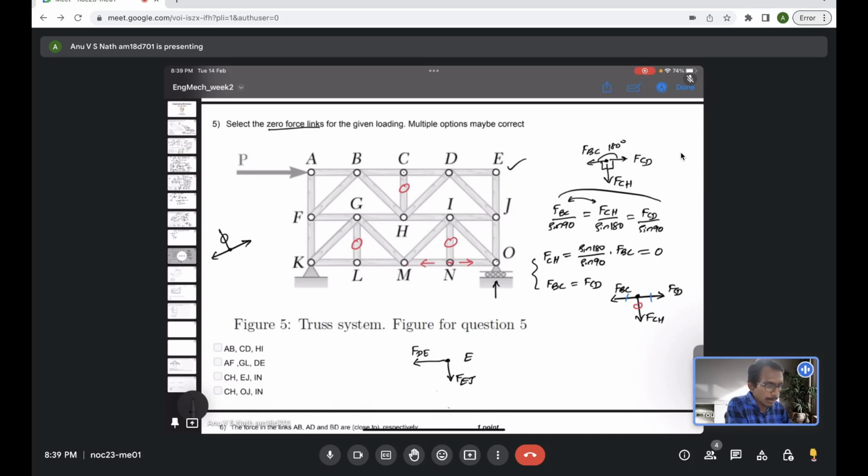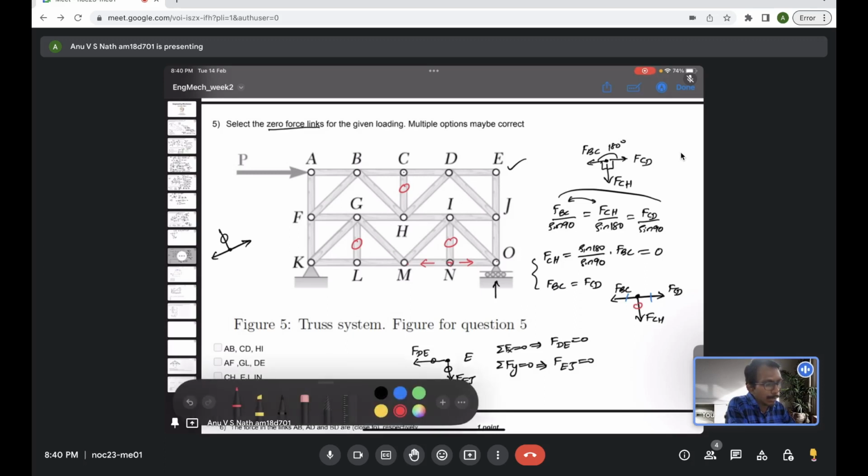Now if you see here, you can write the horizontal force balance equation, sigma Fx equal to 0. You will get FDE is equal to 0. And the vertical force balance equation will give FEJ. Both the forces will be zero. So basically, both FDE and FEJ will be 0.